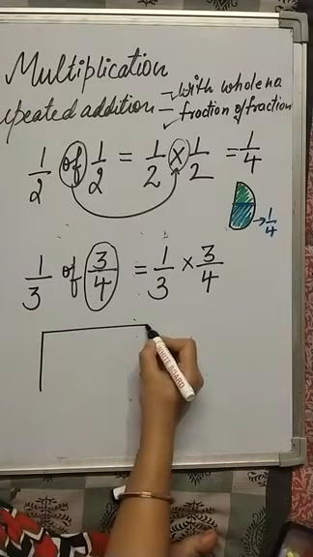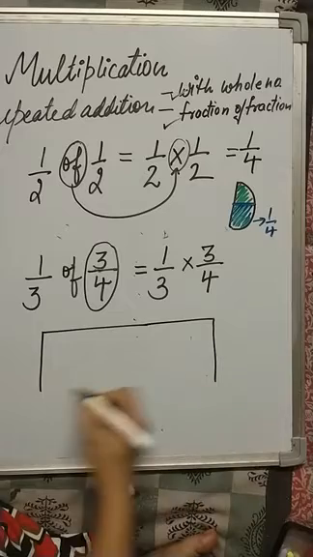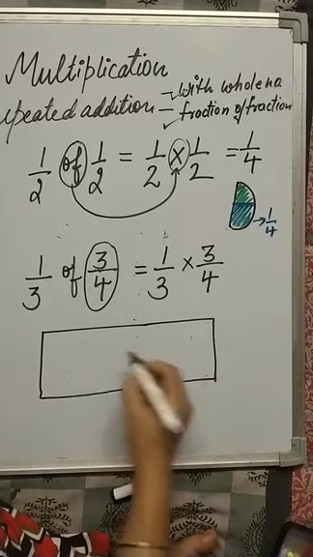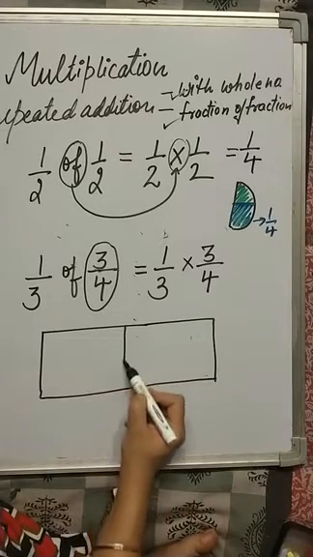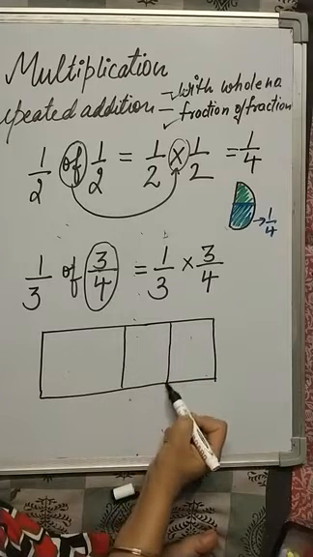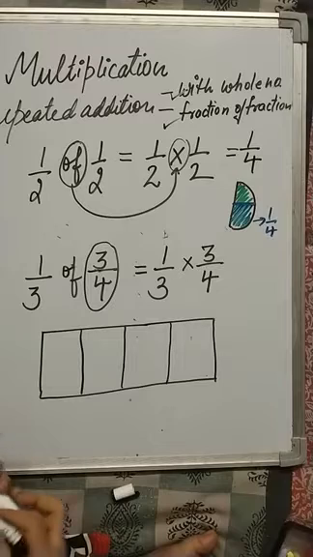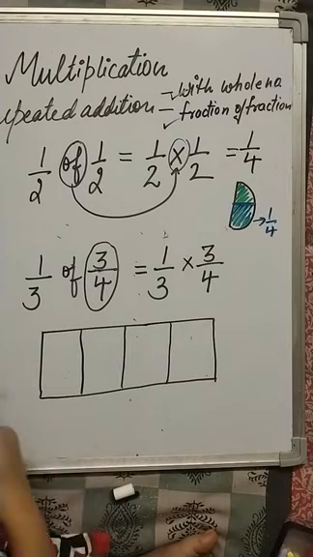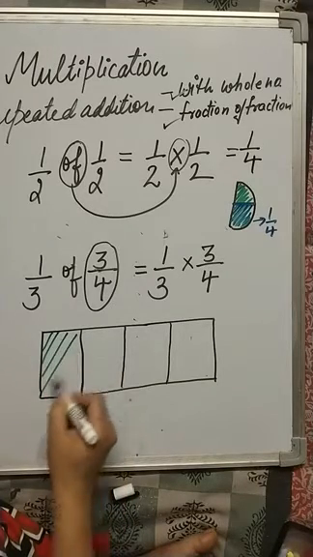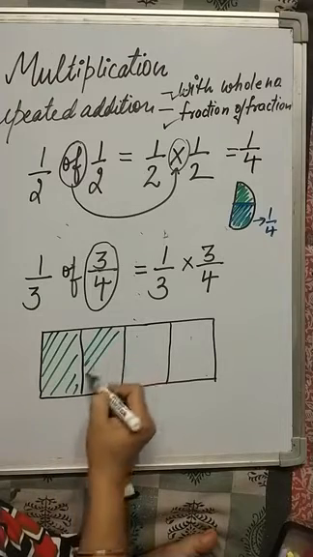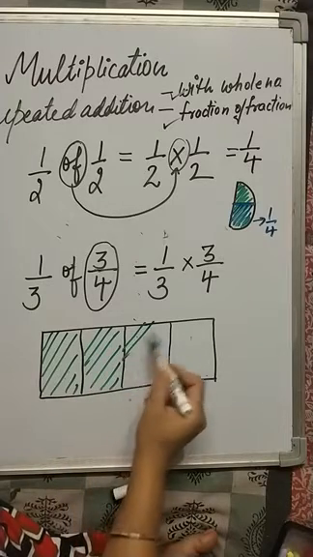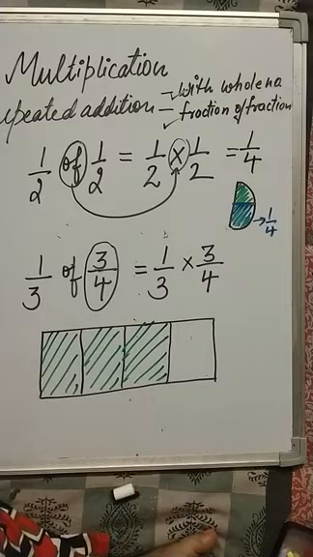So make a chocolate, divide it into fourths, as the denominator is saying. How many chocolates did we have? 3/4. So the number of chocolates we have are 1/4, 2/4 and 3/4. Okay, how much are we going to eat?